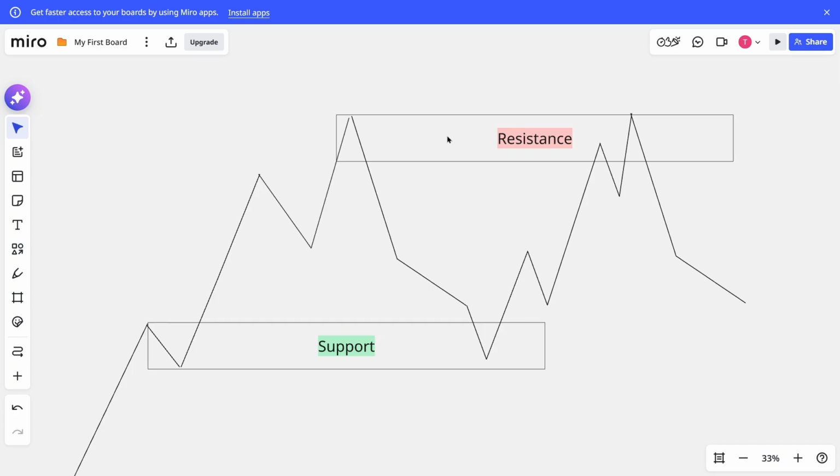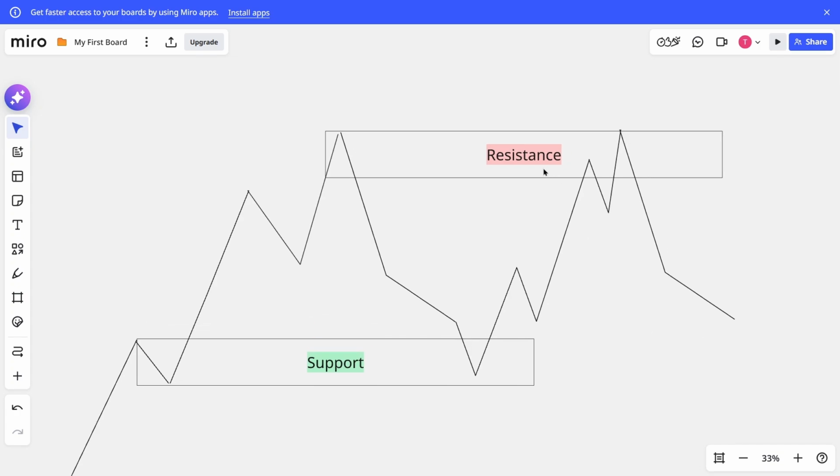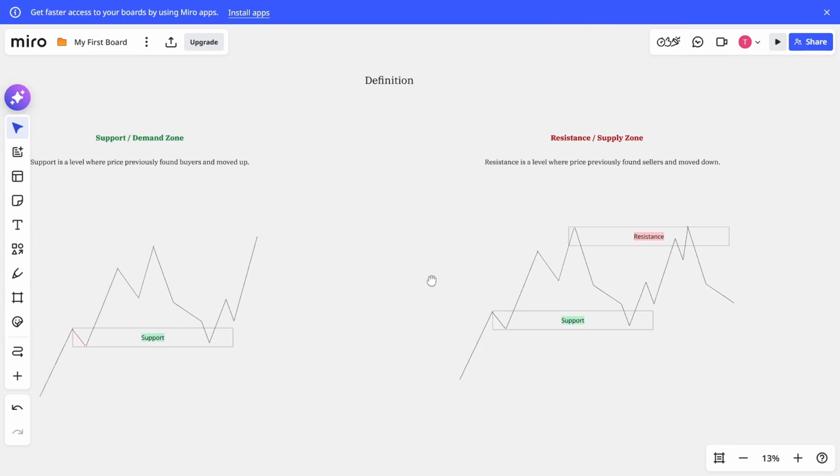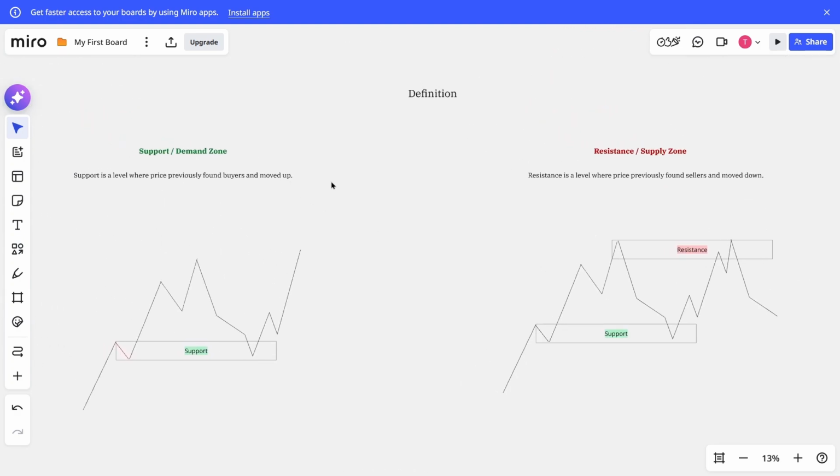So going back, here the market, after retracing into the support, went and tapped into the same level where it retraced from the last time, and again it filled the awaiting limit orders here of bears and then went down. So basically this is the use of a resistance level and this is the use of a support level. I hope everything is clear now, the difference between support and resistance.